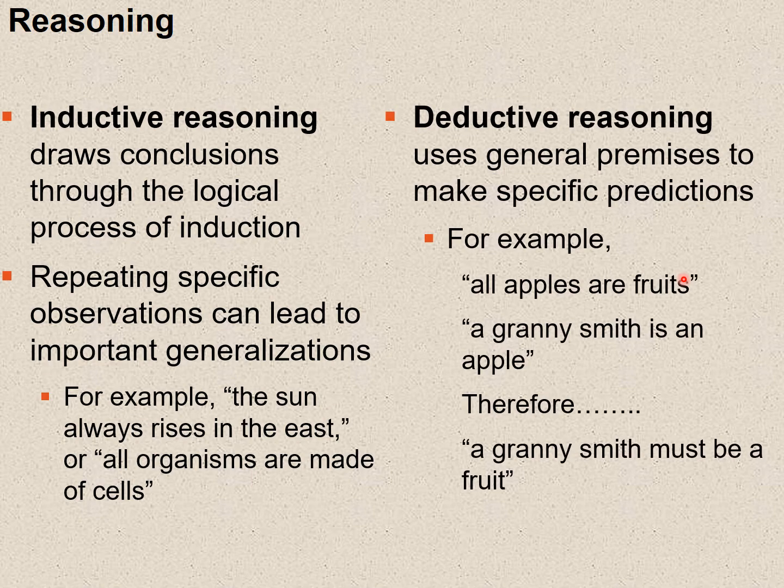Now, deductive reasoning uses general premises to make specific predictions, or to assume things almost. So, for example, if you know that all apples are fruits, and you know that a Granny Smith is an apple, you can combine those together and say that because a Granny Smith is an apple and all apples are fruits, a Granny Smith must also be a fruit.